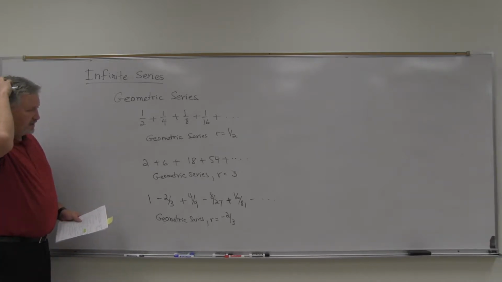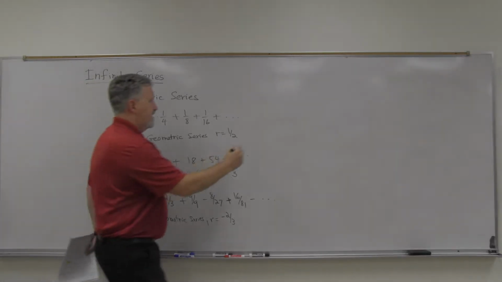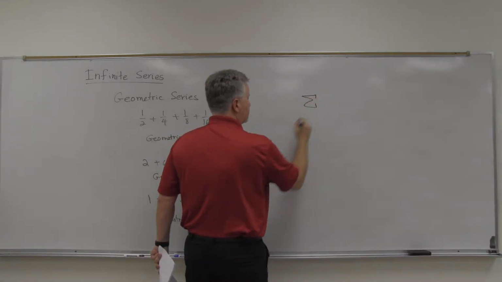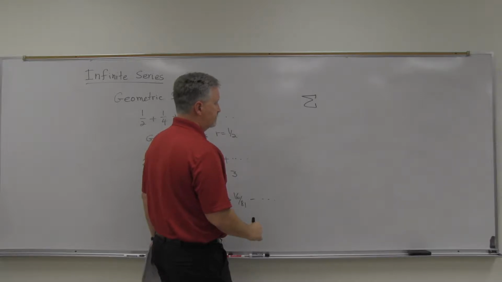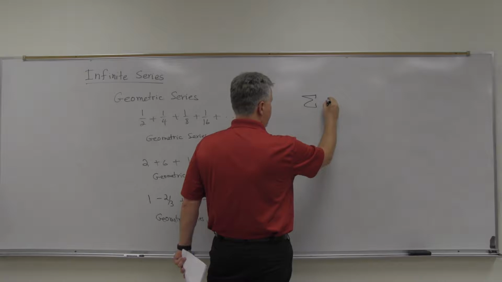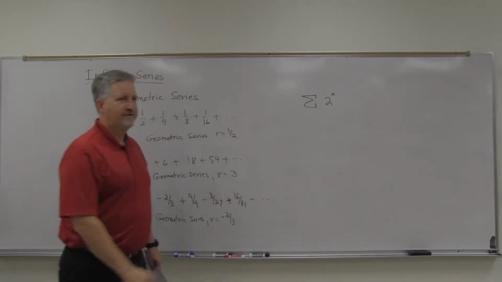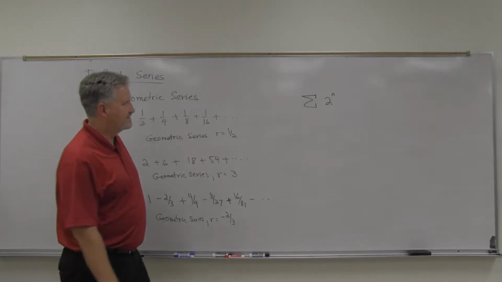All right. Now, of course, we also have the summation symbol. Be able to recognize that geometric series in that. That's the 2 to the nth series, but in a series format.